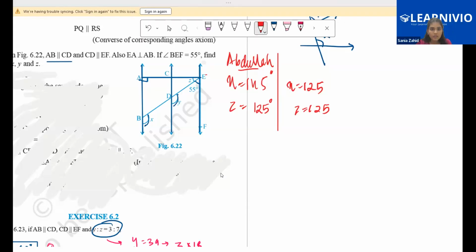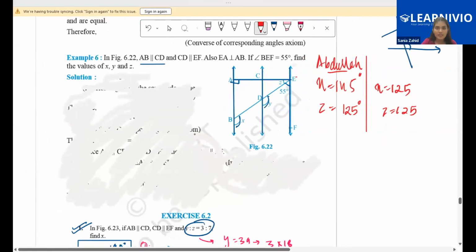Okay, so now I have Abdullah's answer, Umema's answer, and Videv's answer. And Hafsa has also told me. Okay. So let's start discussing now, one by one. We'll discuss the values of X, Y, and Z.